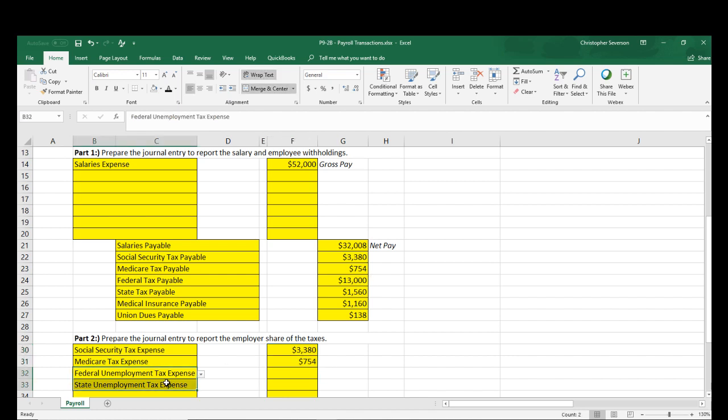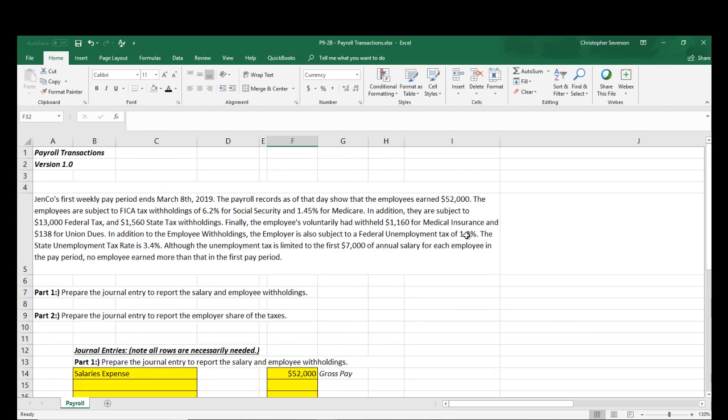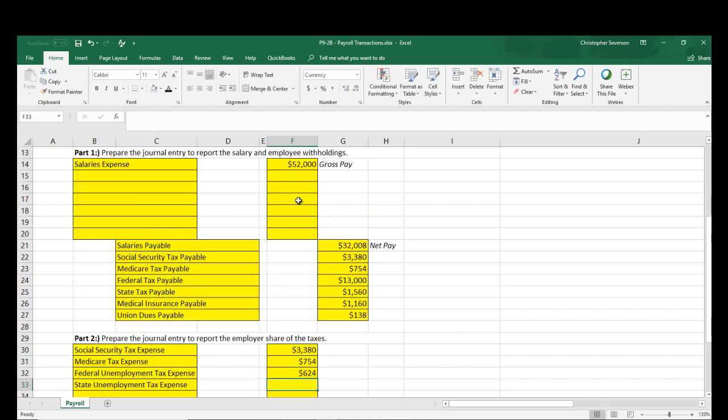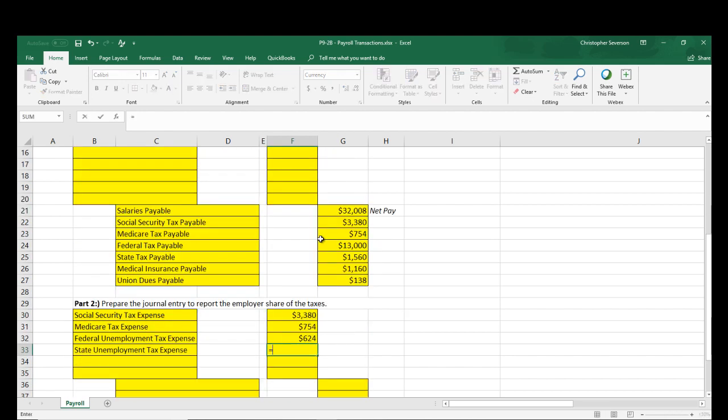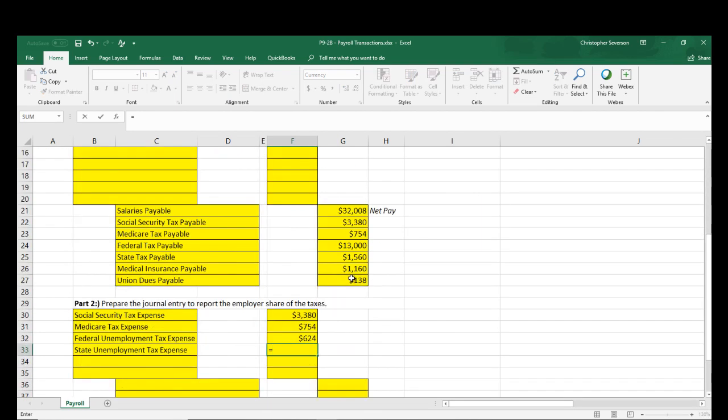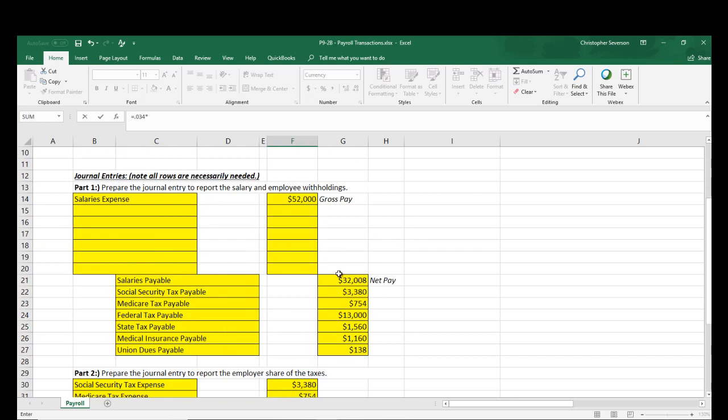Now, the unemployment taxes are only from the company, so you're not going to find anything anywhere else. And it is, what do we say, 1.2% for federal, or 0.012 if you will, times the gross pay. And then we have 3.4% for the state.